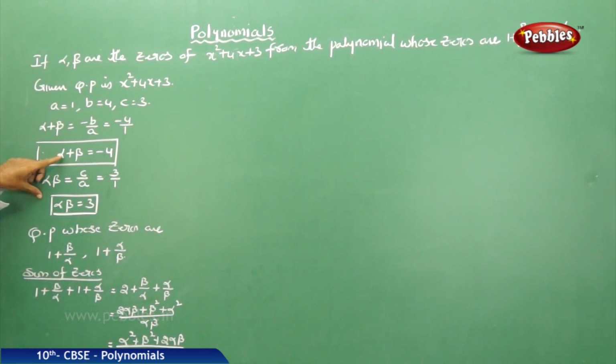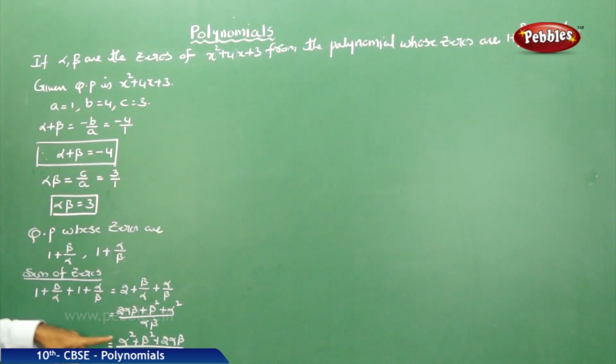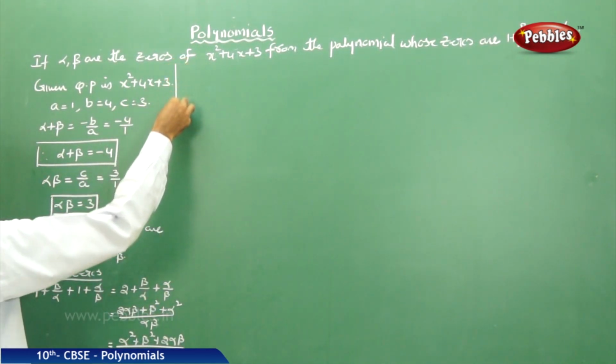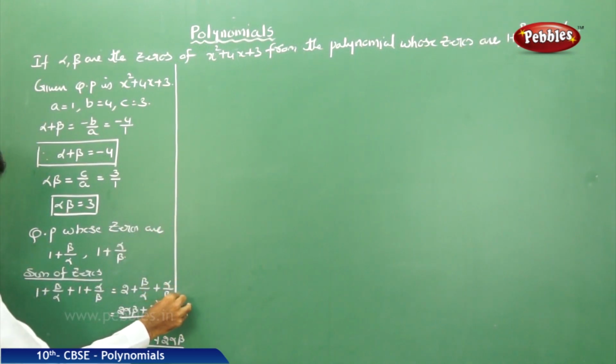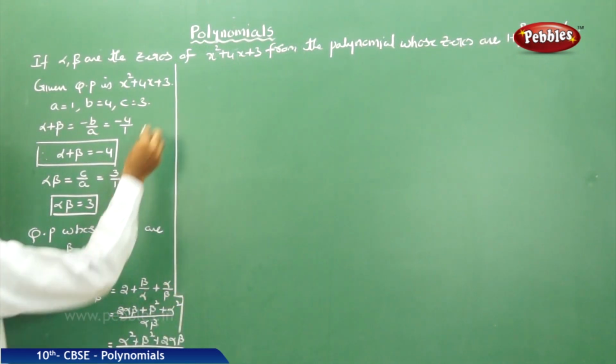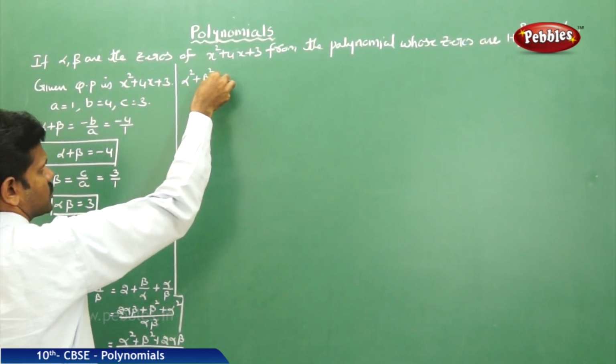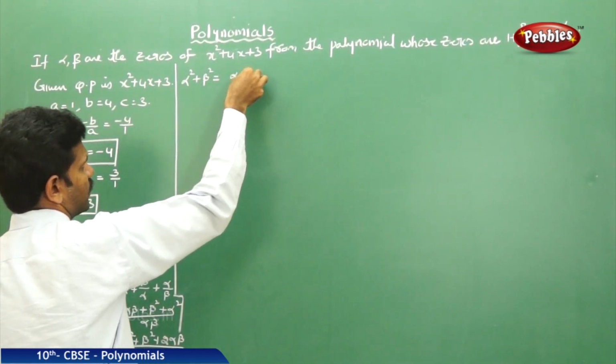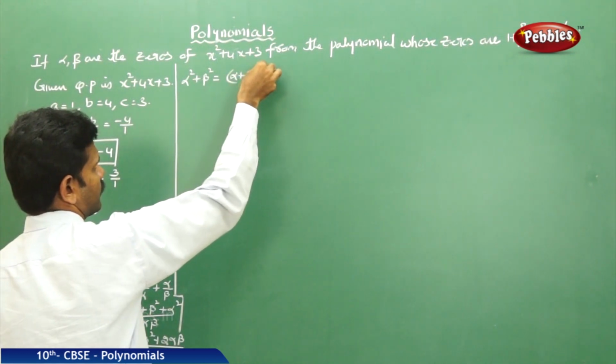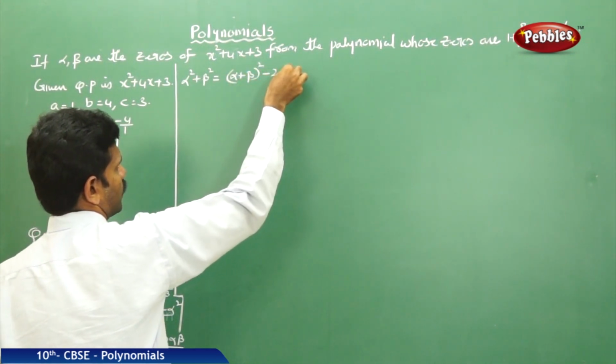Here, alpha plus beta value is ready and alpha beta value is ready, but alpha square plus beta square value is not ready. Let us find out the value of that part first. Alpha square plus beta square is equal to alpha plus beta whole square minus 2 alpha beta.